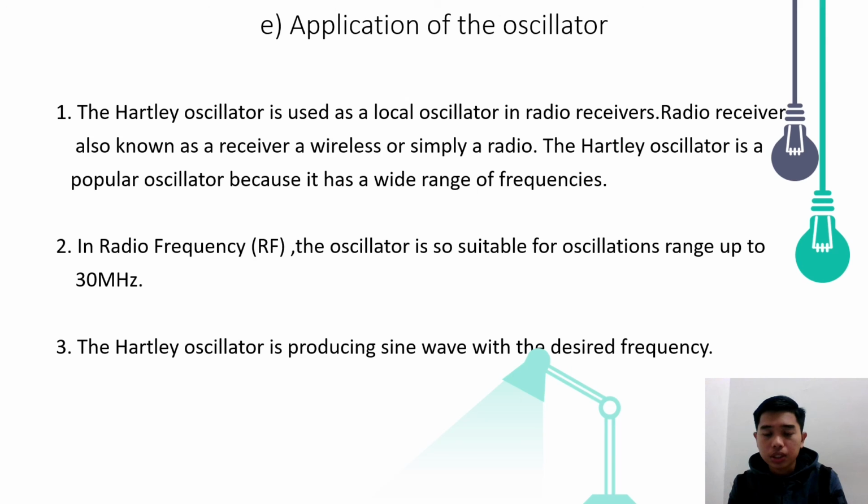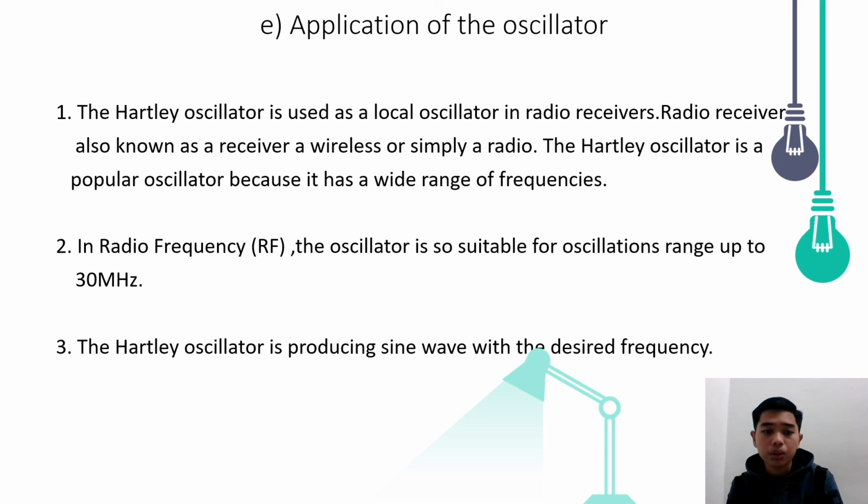Applications of the Hartley oscillator. First, the Hartley oscillator is used as a local oscillator in radio receivers. A radio receiver is also known as a receiver, a wireless, or simply a radio. The Hartley oscillator is a popular oscillator because it has a wide range of frequencies.